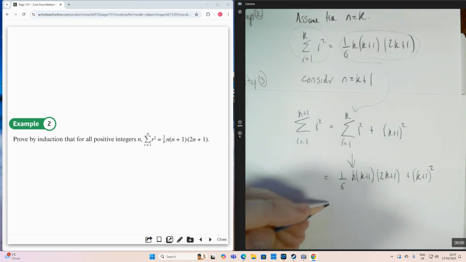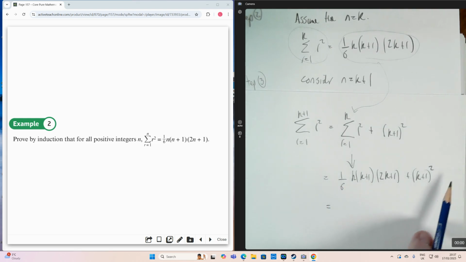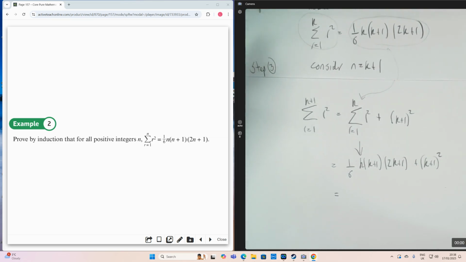Now, at this stage, there are two ways we could approach this. We could literally expand everything and try and factorize it and hope that we get this expression here, but everything replaced by k plus 1. But I would recommend a much better approach, which is to look for the biggest factor that you can take out.